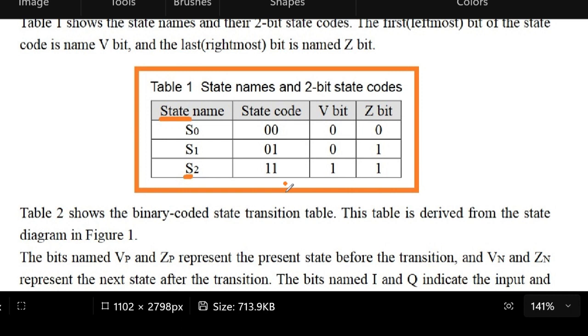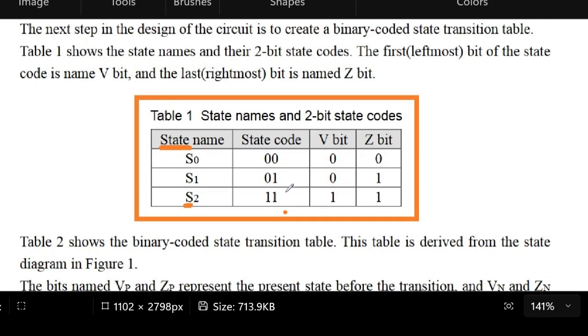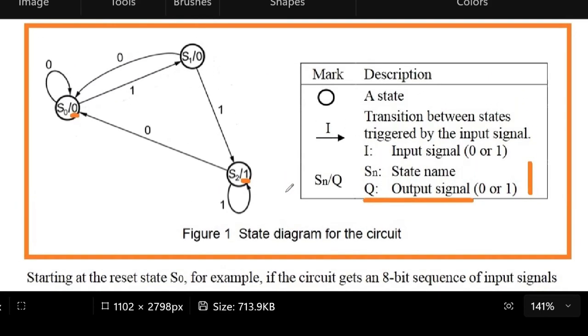To explain that a little more clearly, we need to go back to the diagram up above. So if you look at this part on the left, S0 is state 0. If we know that we're starting at S0 and the input is 0, then we just go back to state 0 with an output that is 0.